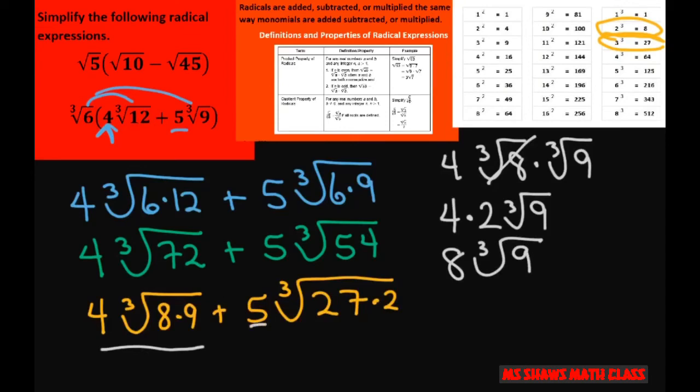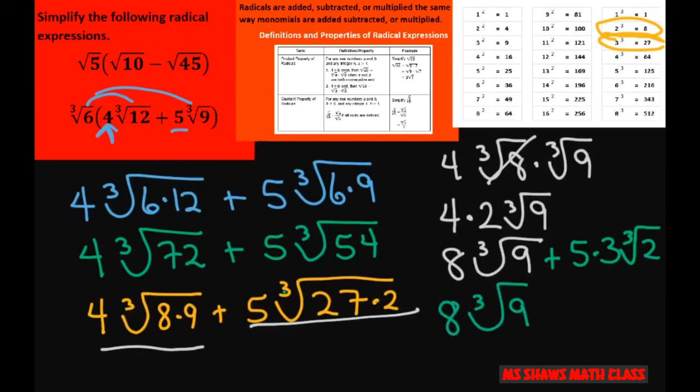For this one, we can just say the cube root of 27 is 3. So that's 5 times 3, and you still have the cube root of 2. So your final answer is 8 cube root of 9 plus 15 cube root of 2. And that's in its simplest form.